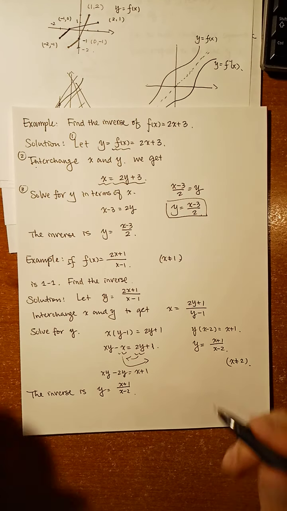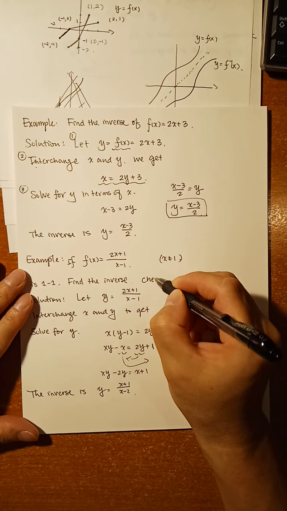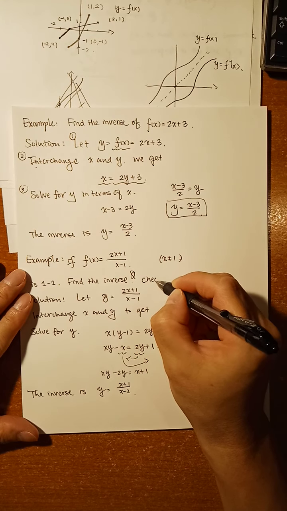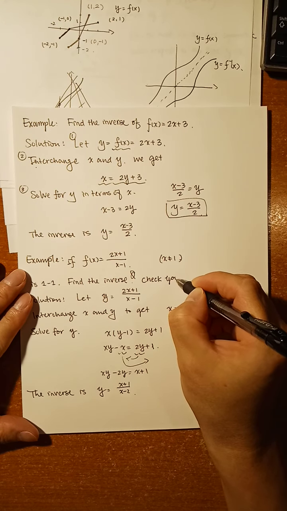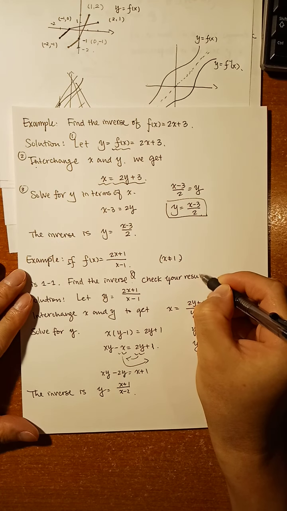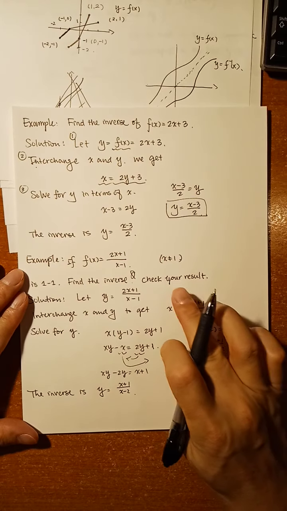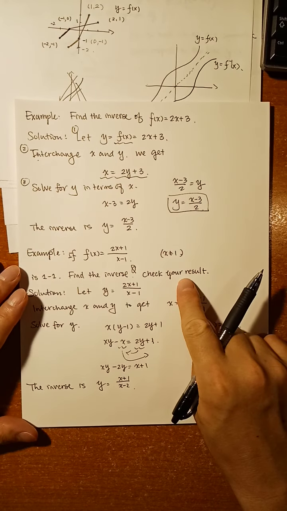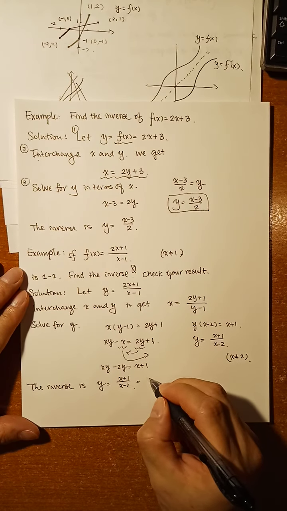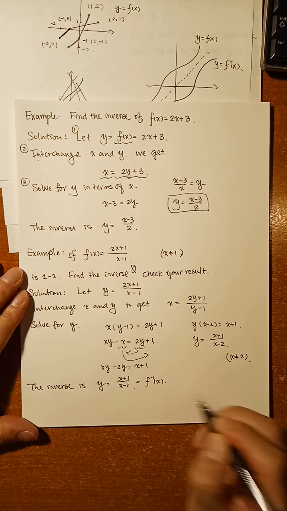If the question asks you to check your result, how do you answer this part? If they ask you to check your result, you will also call it f inverse of x.